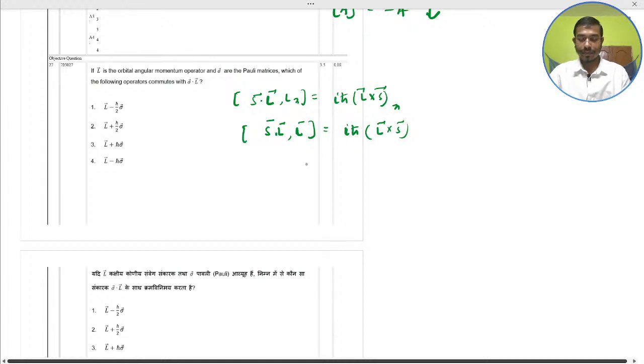So the S dot L commutation of S, it would be what? The iħ S dot L with the J, total angular momentum.